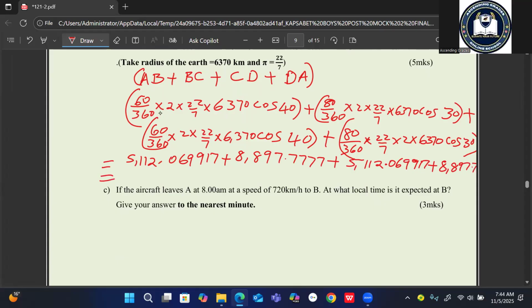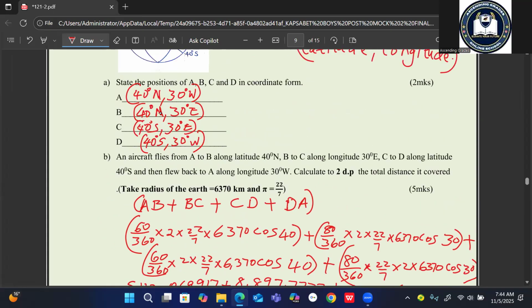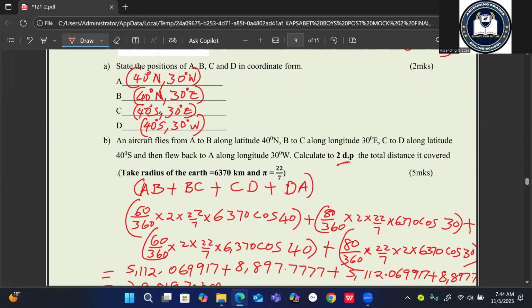So when you add the four distances, we get the total distance to be 28,019.70 kilometers. We were told to calculate it correct to two decimal places.